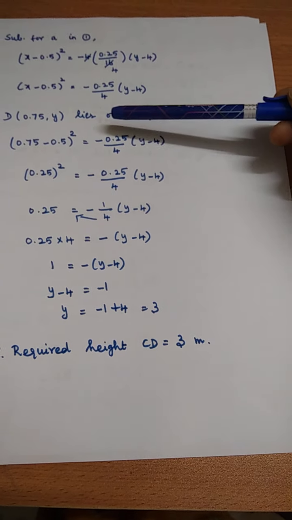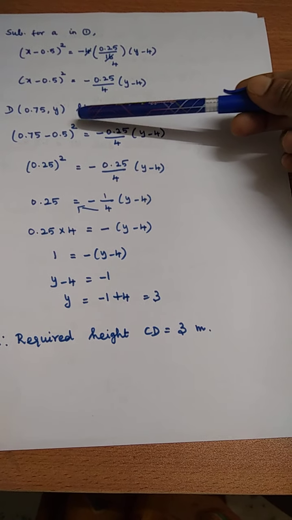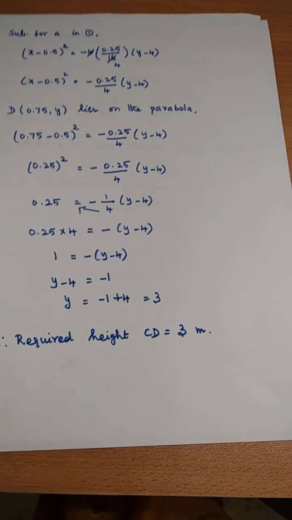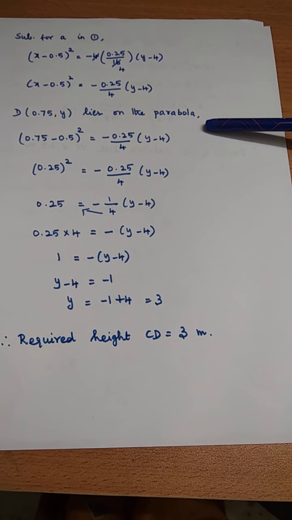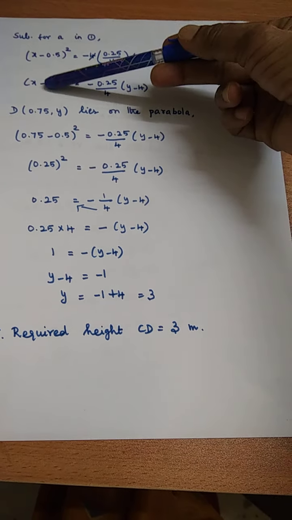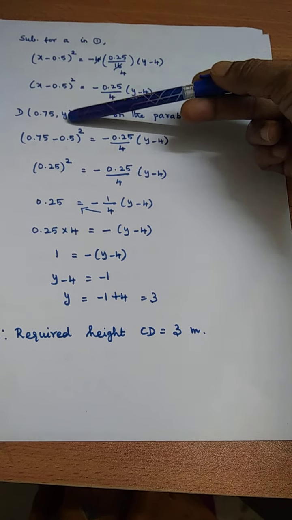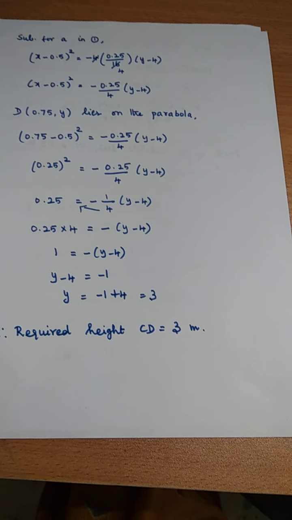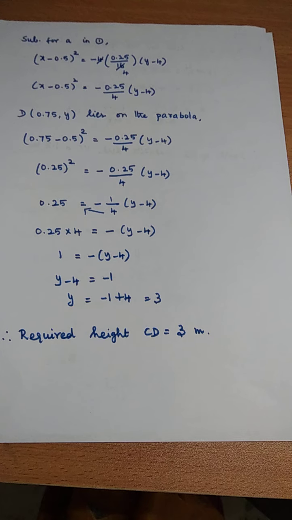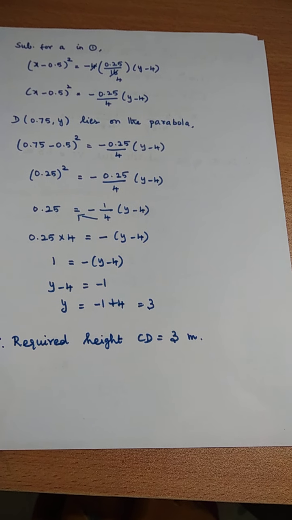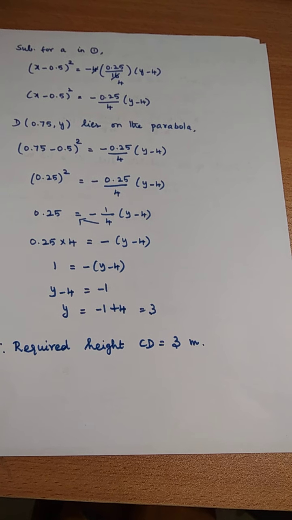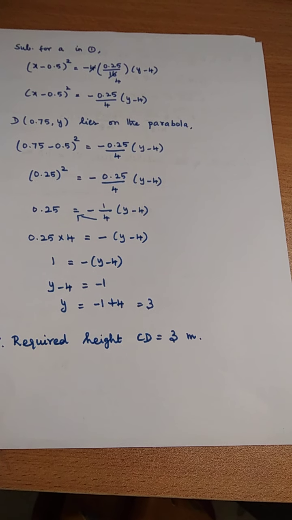Again we have one more point D. D 0.75, y lies on the parabola. Again substituting for x and y, we get 0.75 minus 0.5 the whole square equal to minus 0.25 by 4 into y minus 4.